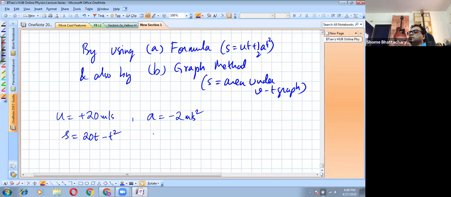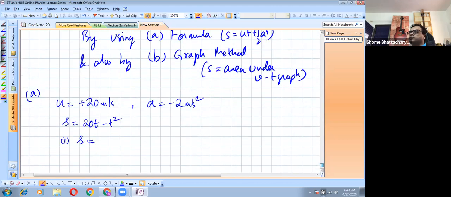So my displacement in the first part, by formula method, for the first 5 seconds and then the first 15 seconds. So 20 into 5 minus 5 square. So you see that the displacement will come out to be plus 75 meters.